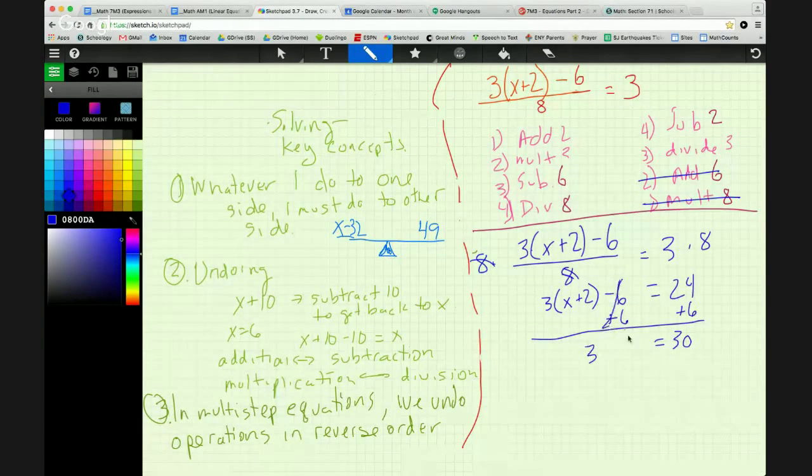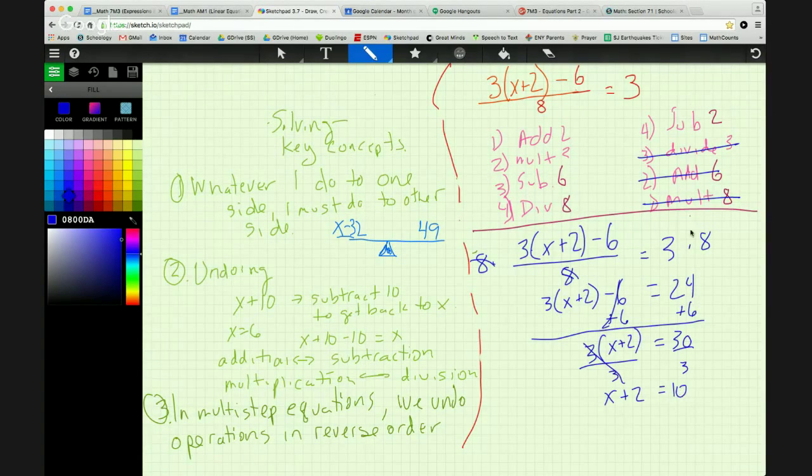And these cancel, so 3 times (x + 2) equals 30. Now we're going to divide both sides by 3. And we get x plus 2 equals 10. And now we're going to finally subtract 2 from both sides. And so we get x equals 8.